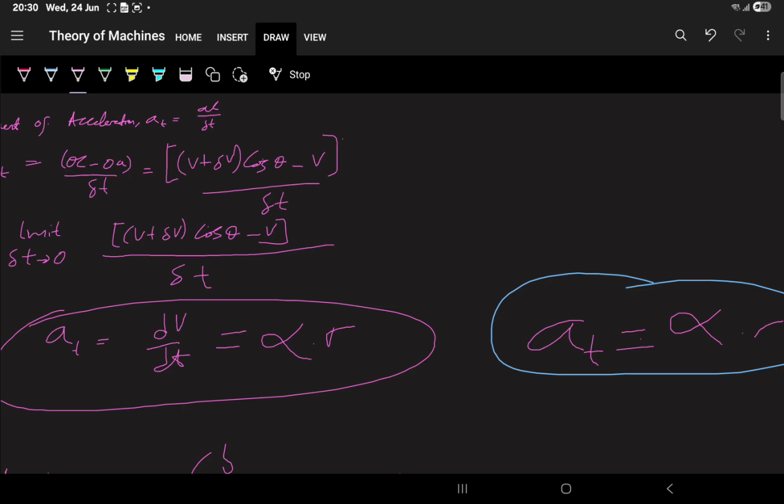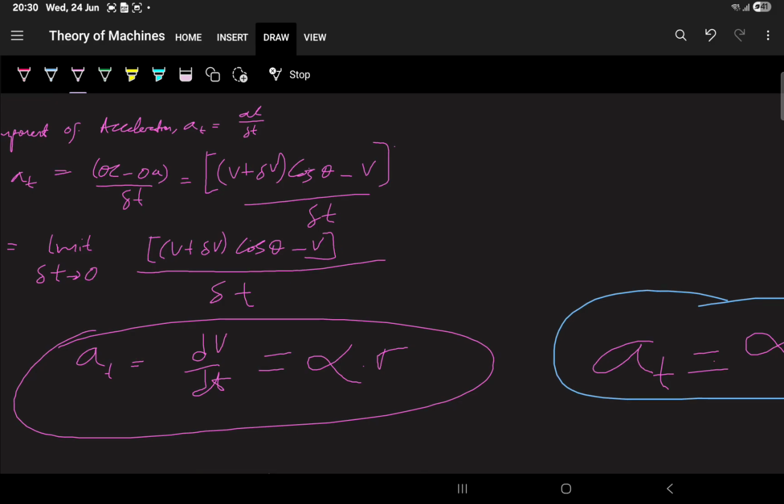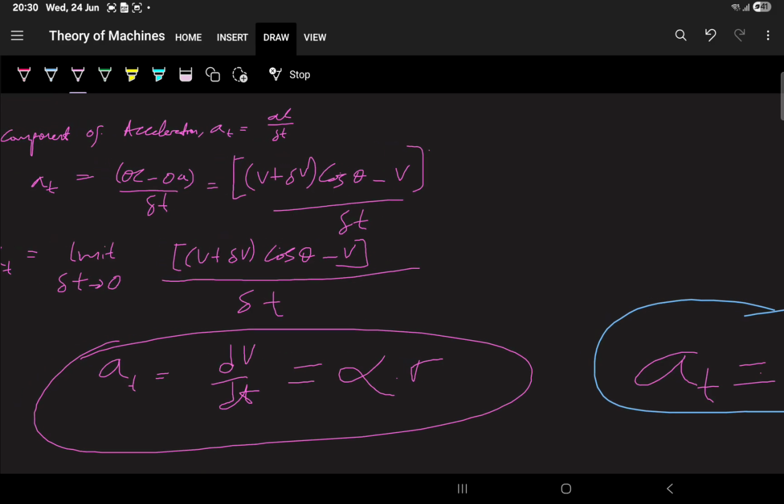Now let's go over this quickly. Basically, simplifying this limit here, it will be the limit of change in t approaching 0 of change in v over change in t, on simplifying the numerator. Now from L'Hopital's rule, we take the derivative of the numerator and denominator, which will give this.